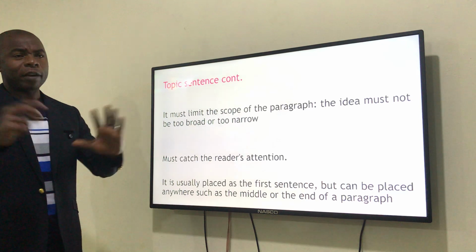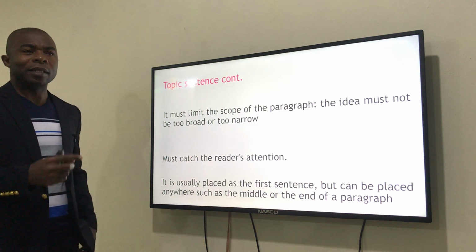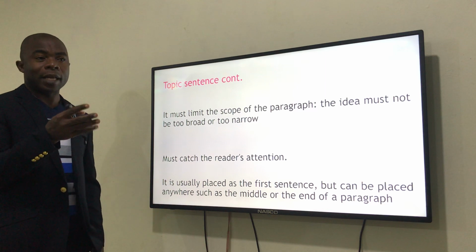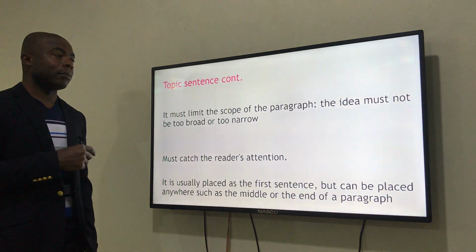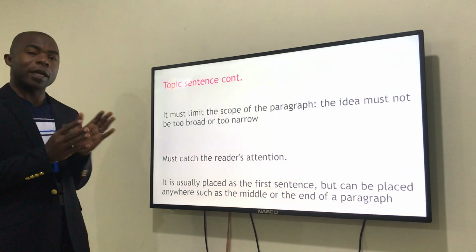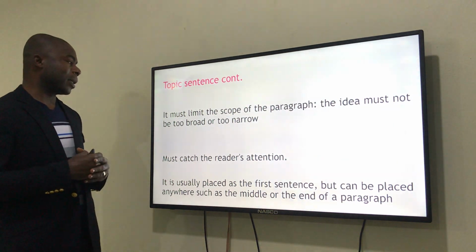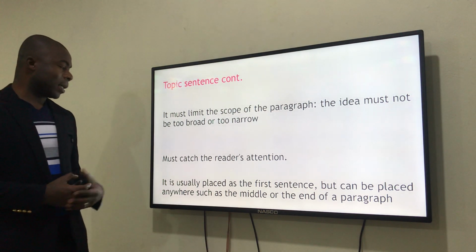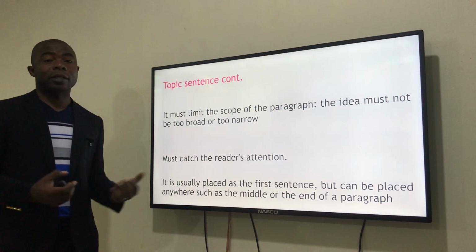So once you see a very big paragraph, you know that the scope of that paragraph is big, and that is done by the topic sentence. On the other hand, if you see a lean or small paragraph, then the scope is lean, presented by the topic sentence. Of course, the topic sentence must catch the attention of the readers.